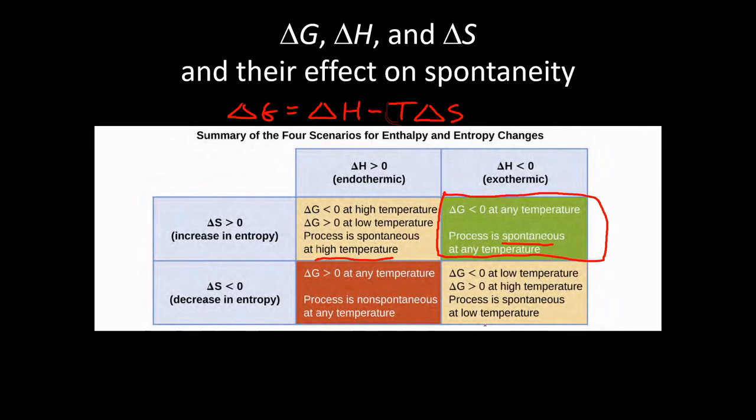So the opposite is true if enthalpy is favoring a reaction and entropy is disfavoring. So if you have a negative delta H, which again is an exothermic reaction, and entropy is saying, I don't want this reaction to happen.